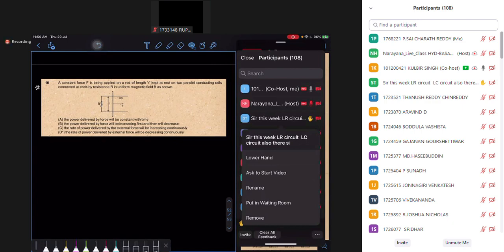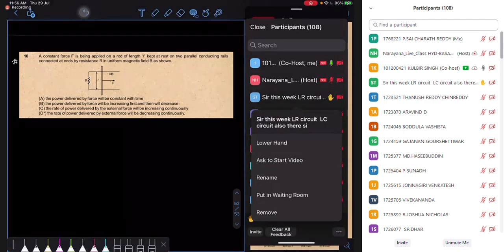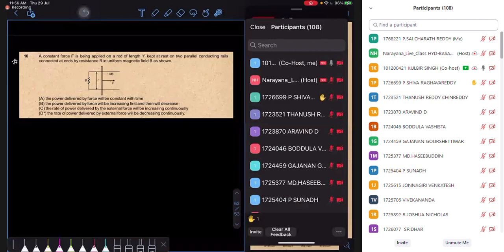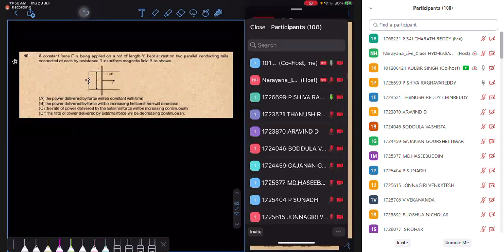In your exam, LR circuit is not there. We have LR circuit in the teaching schedule, but not in the exams. Okay, see Avida. Hey Shiva. Sir, in the syllabus it is given for the exam. Babji sir sent the syllabus.